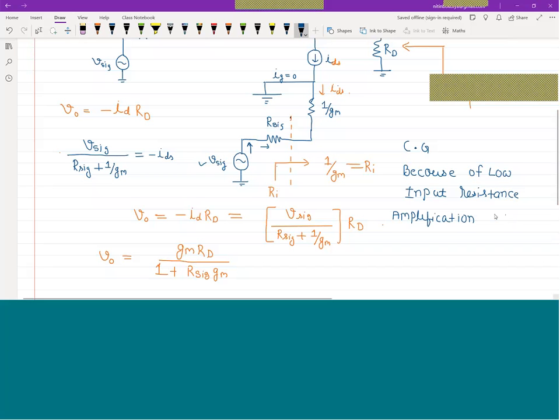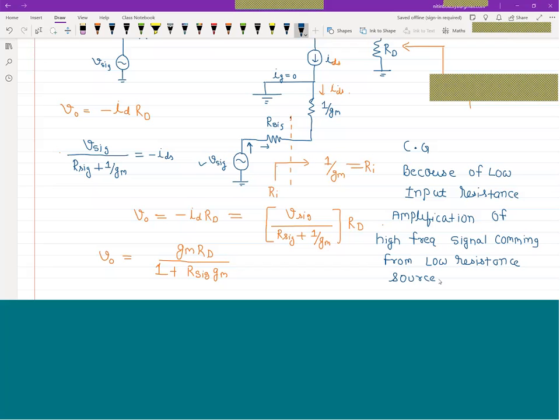So this is useful for amplification of high frequency signal coming from low resistance source.